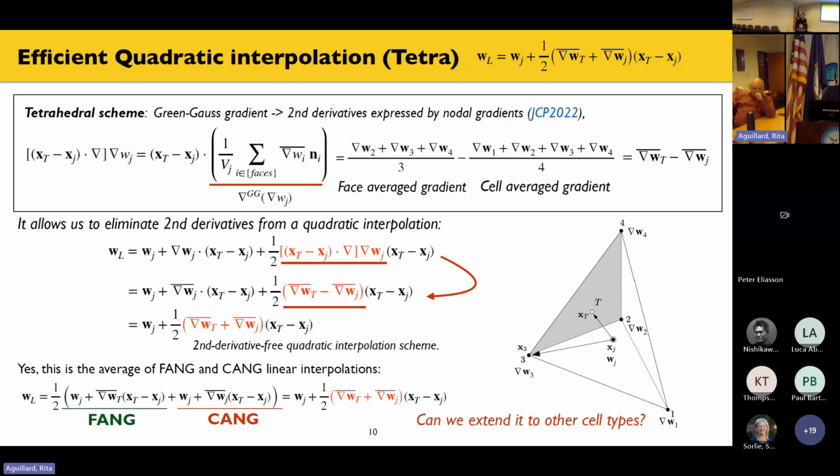Yeah, that's what you do in USM. On tetrahedral for sure. Non-tetrahedral, yes. Yeah, I think so. Okay, that's very interesting. I'll think about it.